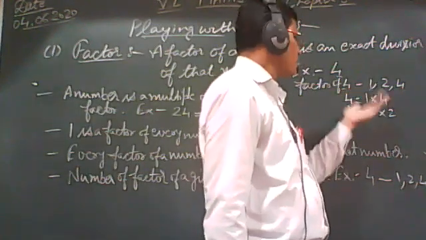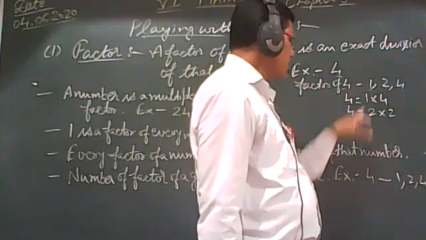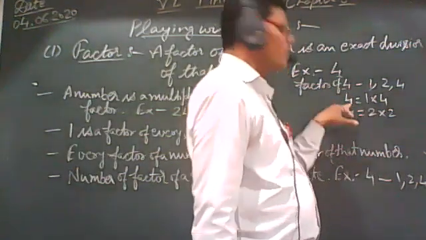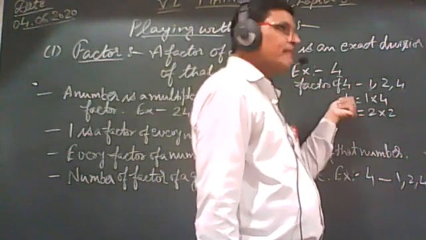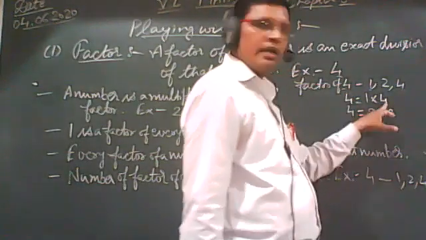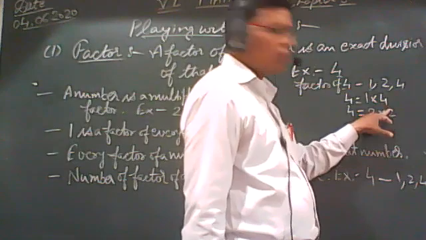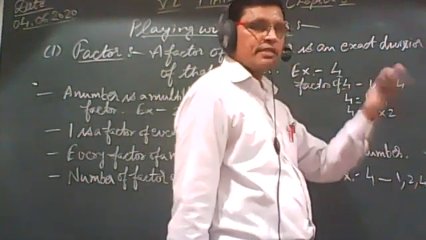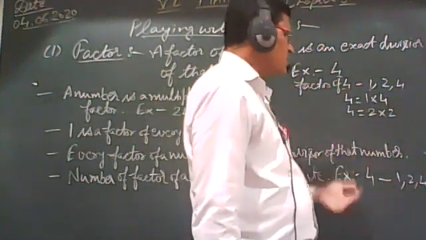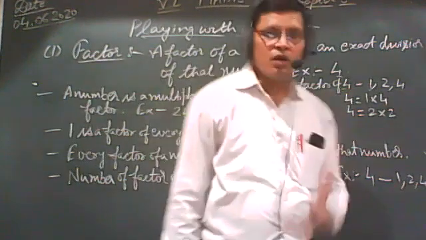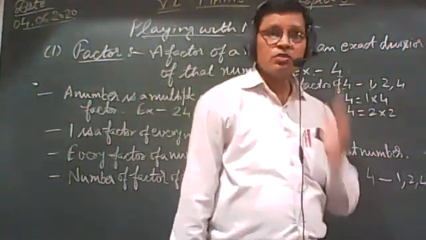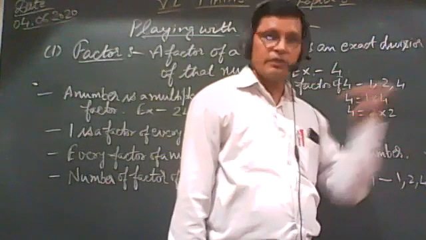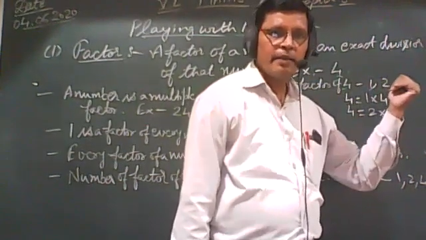If you divide it by 1 or 4, it is exactly divisible. That means the multiples forming the number are also factors of that given number. Okay? Is it clear?